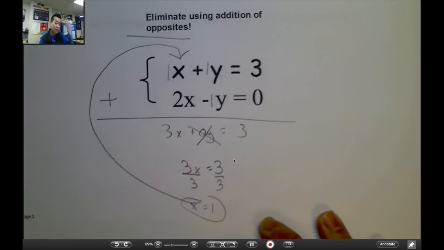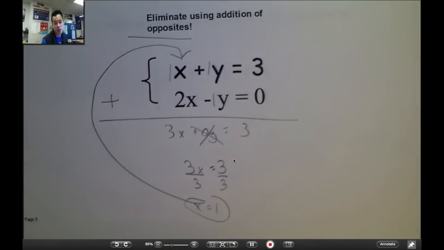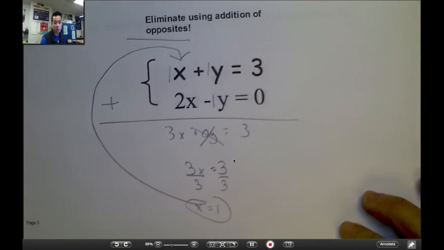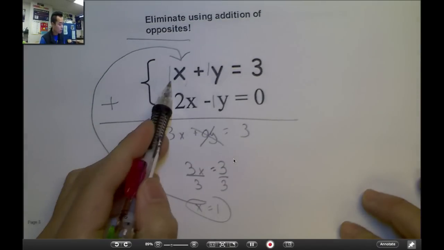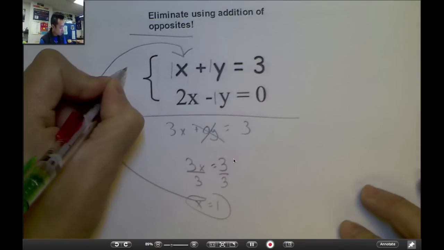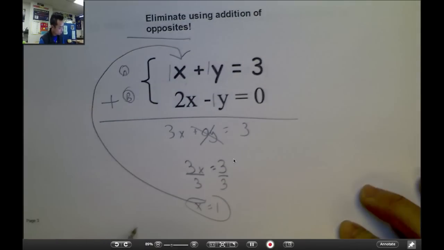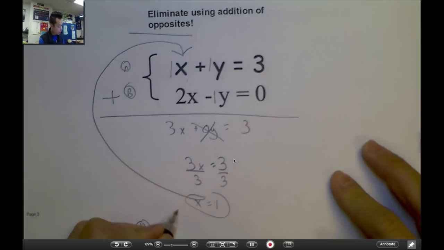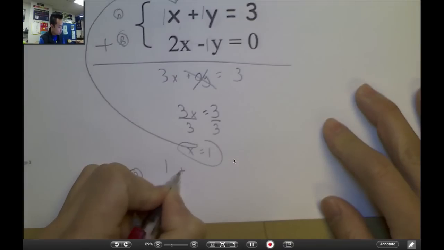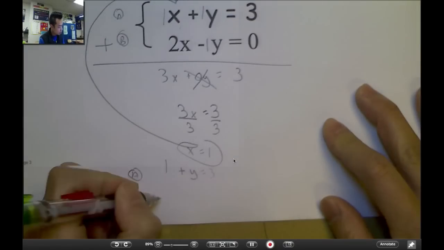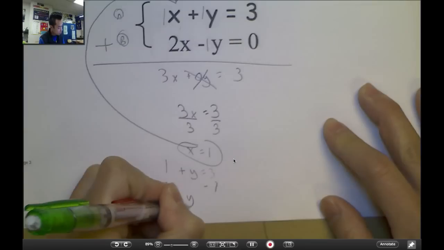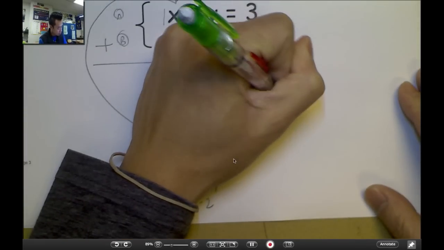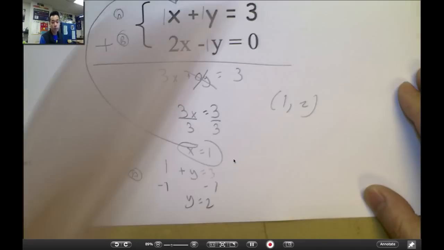Now you can substitute it back into any of the equations that you want, but since these both have a coefficient of 1, it's just much easier to substitute it into that one. So here, this is equation A, this is equation B. Equation A would be, instead of x, I can write 1 plus y is equal to 3, minus 1 from both sides, y is 2. So my solution point is (1, 2).